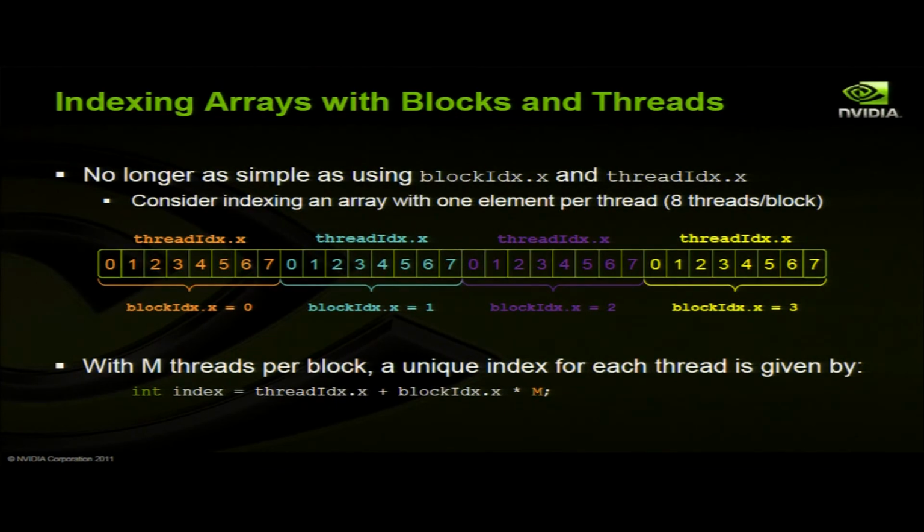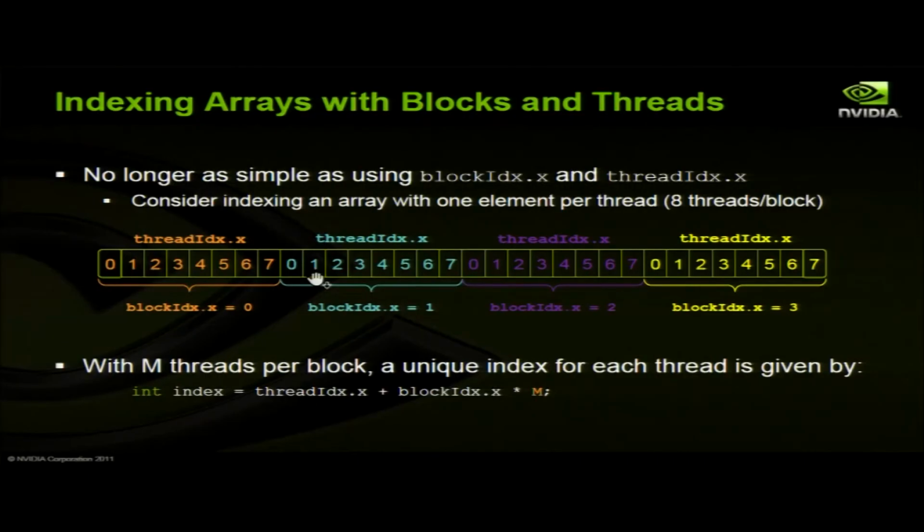And in this example, I have decided that my number of blocks is how many? 4 blocks, each having how many threads? 8 threads. Correct? So my thread ID ranges for every block from 0 to 7, 0 to 7, 0 to 7. And what is my block ID? 0, 1, 2, 3.